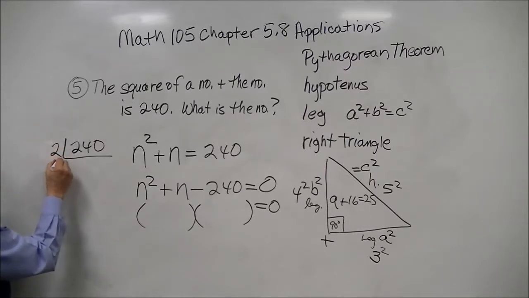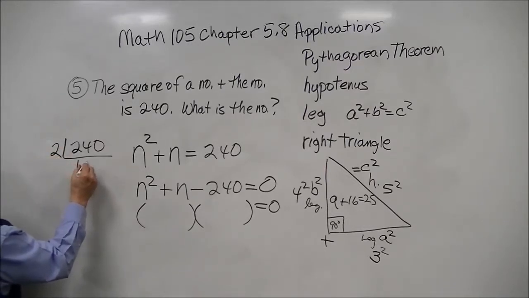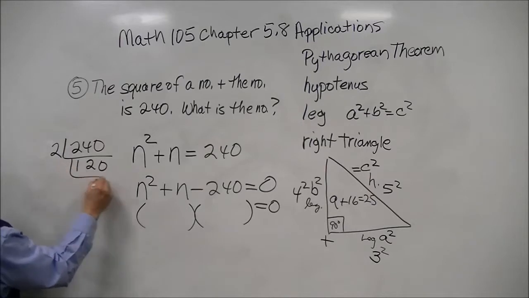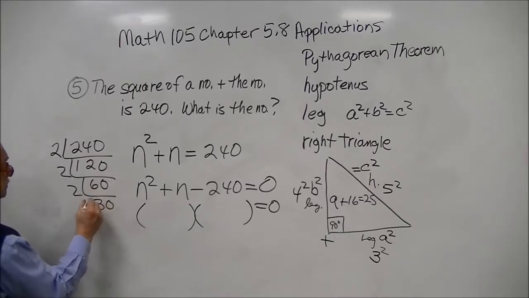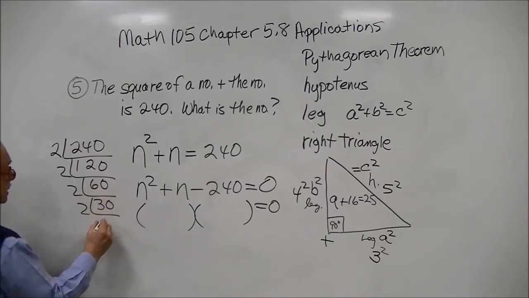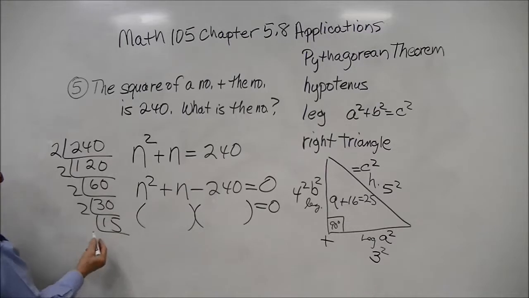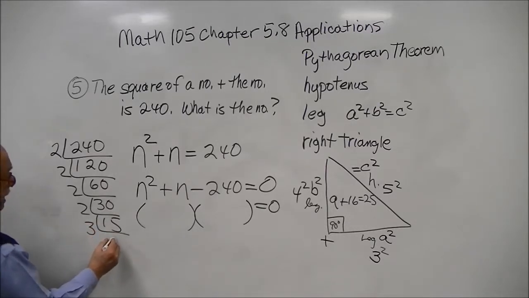So we know 2 will go into there, 2 will go into that, 2 will go into that, 2 will go into that. Now we have a 3 and a 5. So these are my prime factorizations.